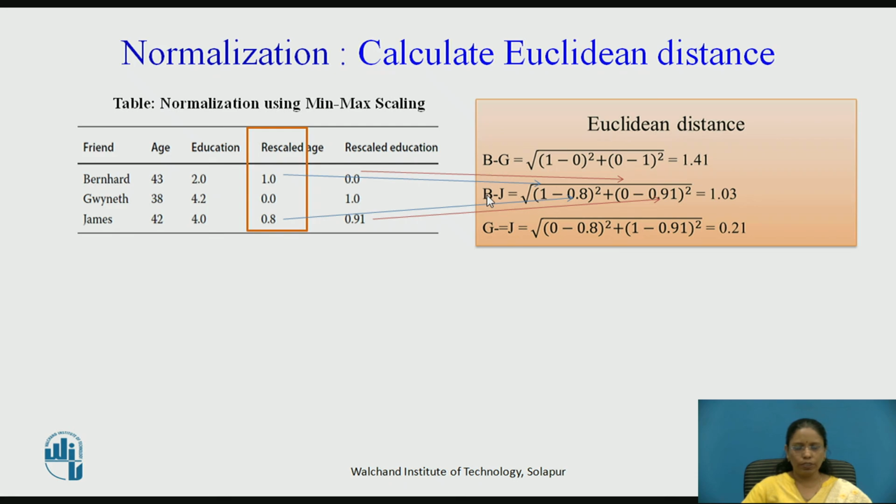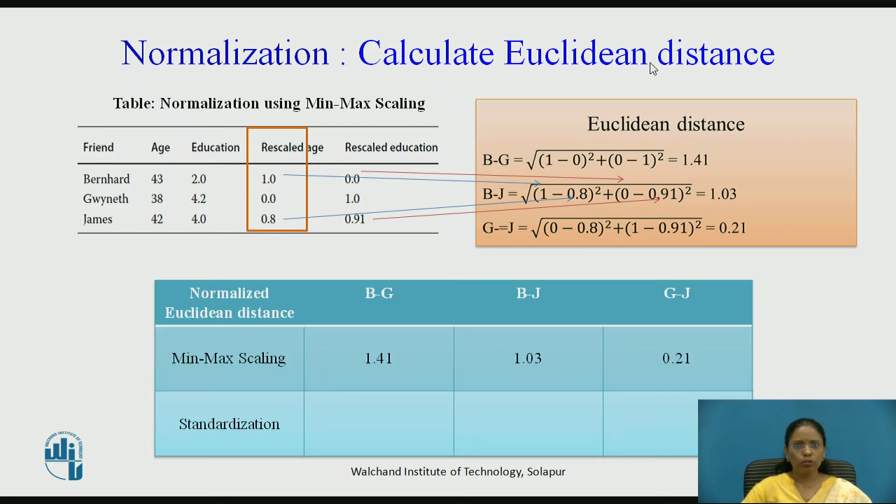Similarly, I can calculate the Euclidean distance for all the attributes, for all the friends. So I get these values. Here the minimum value is between Ganit and James.